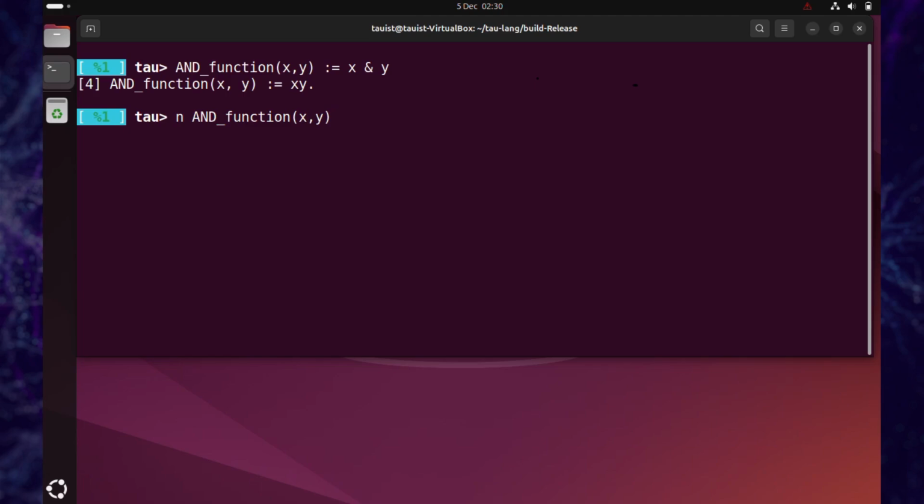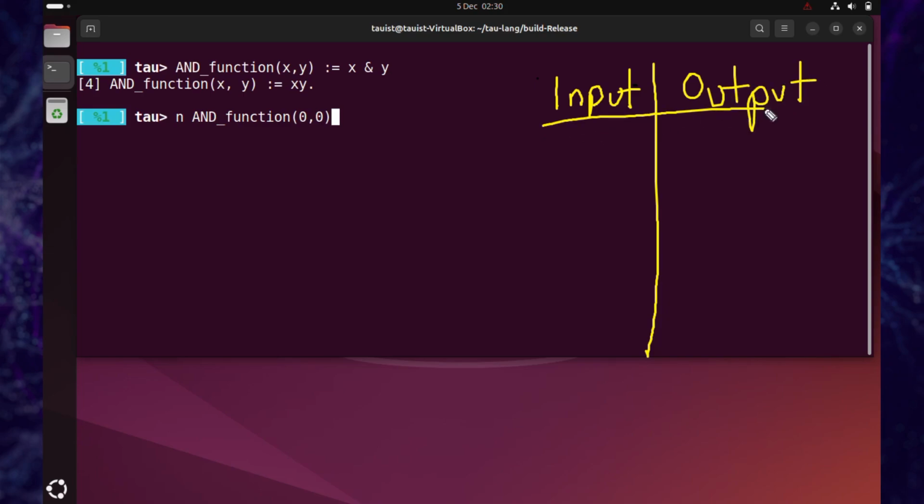But instead of x and y, let's provide the values for x and y. So for example, 0 and 0. But before that, let's recall our function in the truth table. So here our function is, there is x. We have input, right? And then we have output. For our input, we have x and we also have y, right?